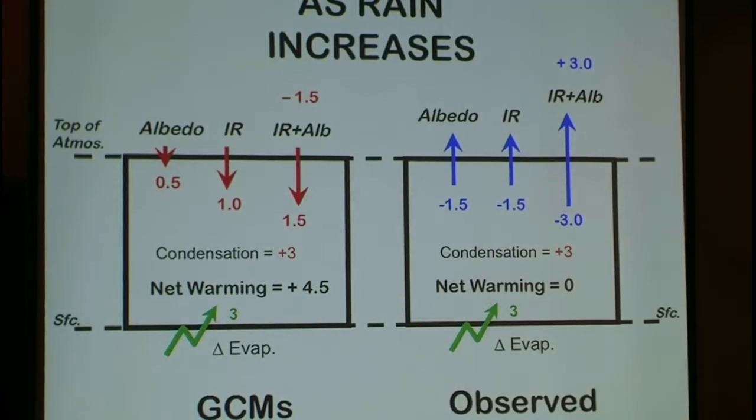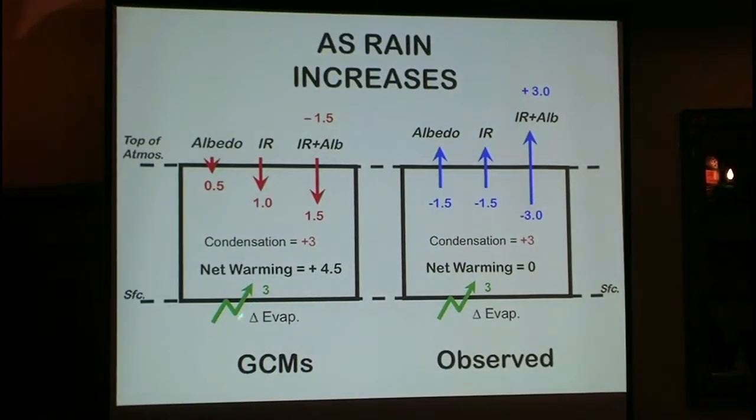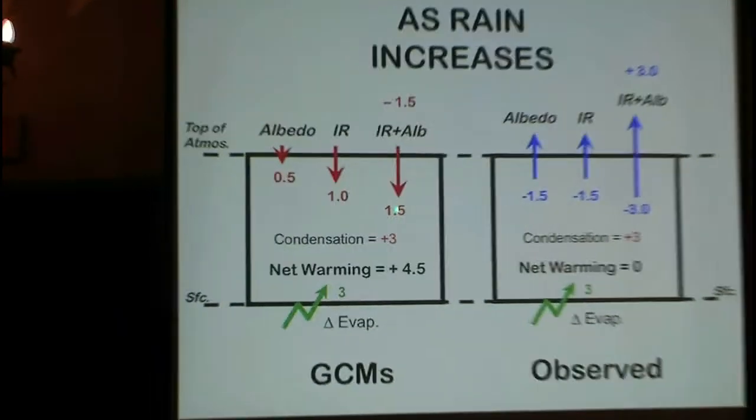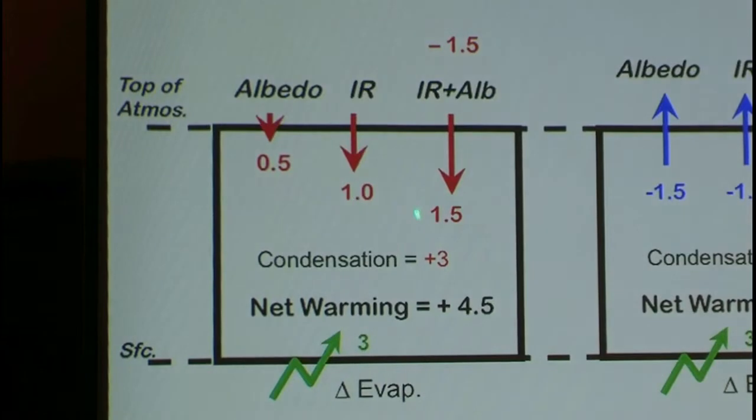So the big difference is the GCMs, you see, if you have enhanced evaporation, let's say 3 units, they have a feedback that these processes come in and you block more radiation, so you get an additional warming in addition to the condensation of, let's say, plus 4.5.